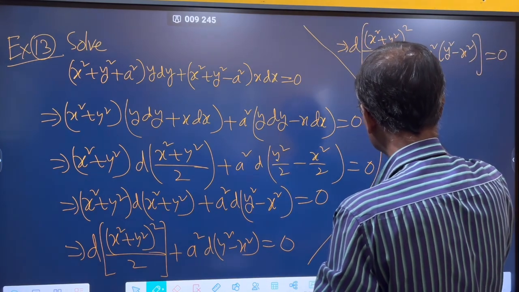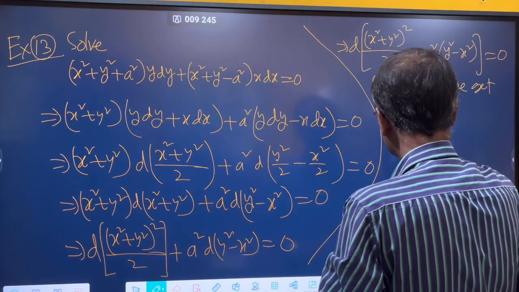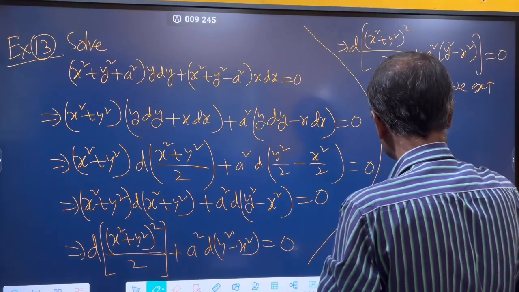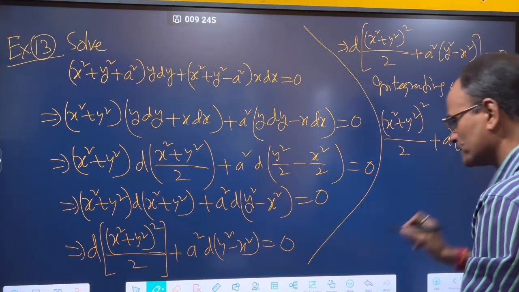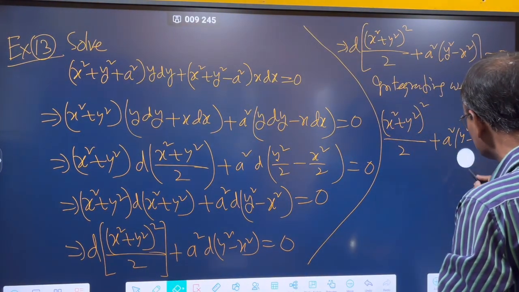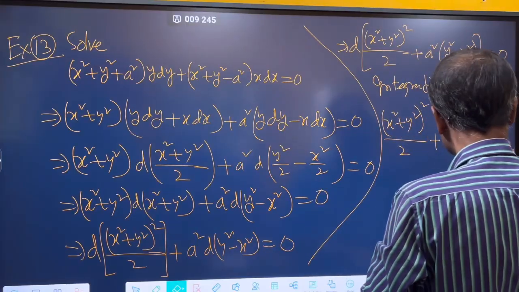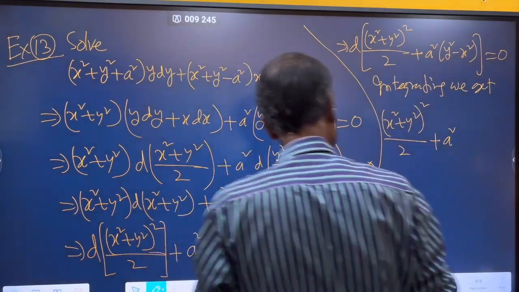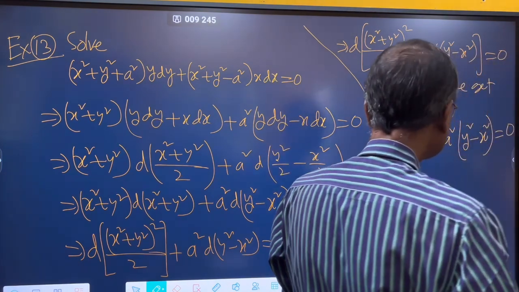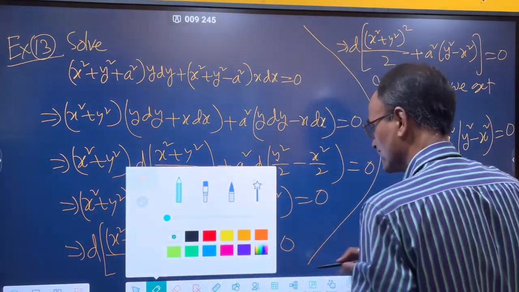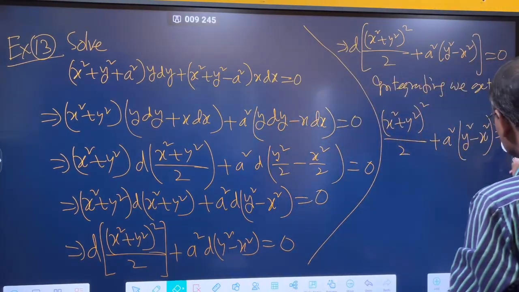Integrating we get x square plus y square whole square divided by 2 plus a square into y square minus x square equal to C. This is C, it is not 0.